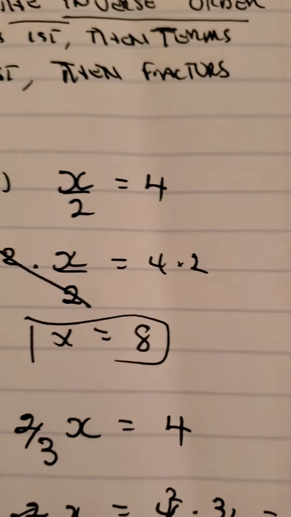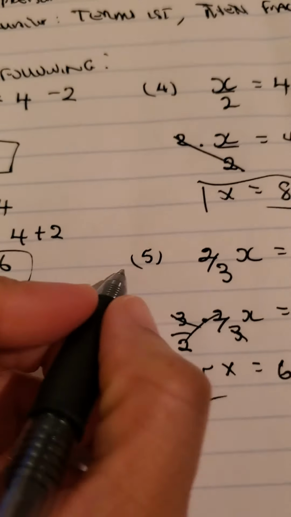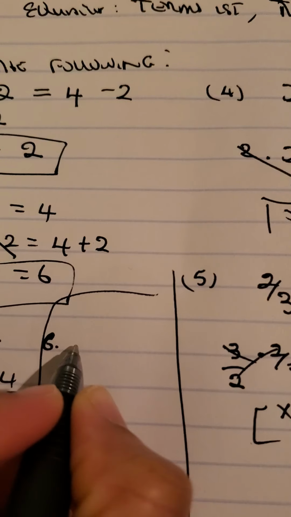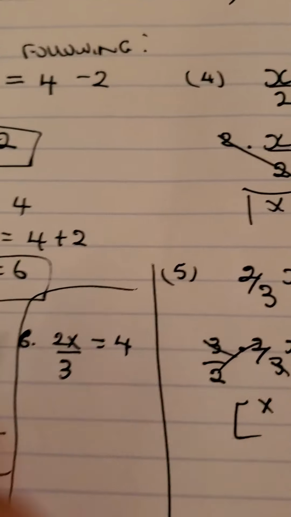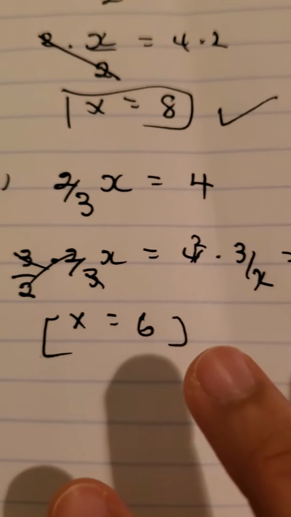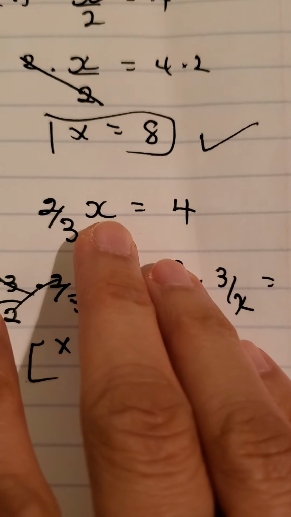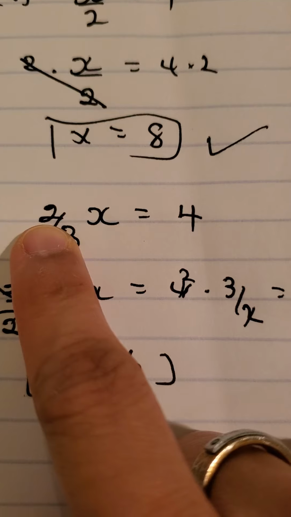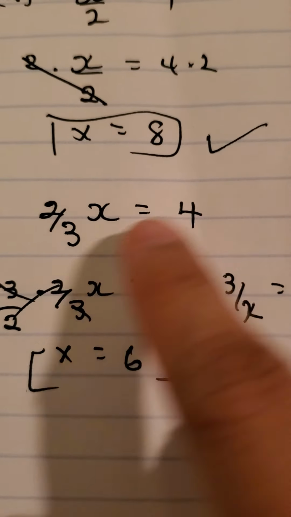This can be looked at two ways. This is either 2/3 x equal 4, or I'm going to make a little space in the middle here, right? Or we can say it's 2x over 3 equal 4. So in this case, to keep things simple, whenever you have a fraction as a factor times your unknown, you can multiply that unknown by the reciprocal of that factor.